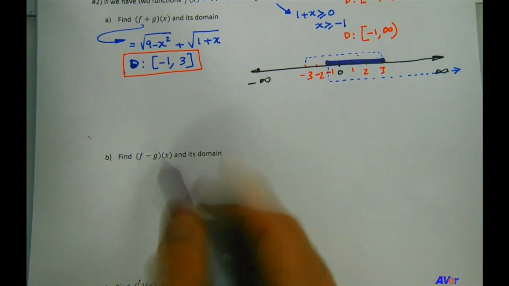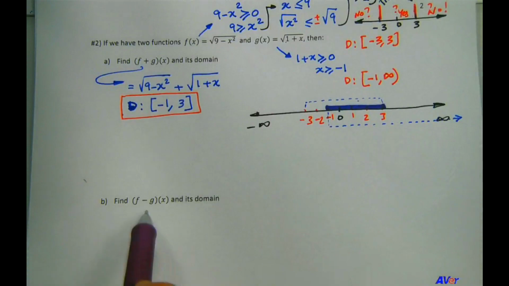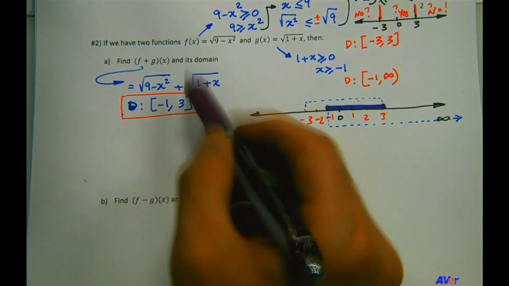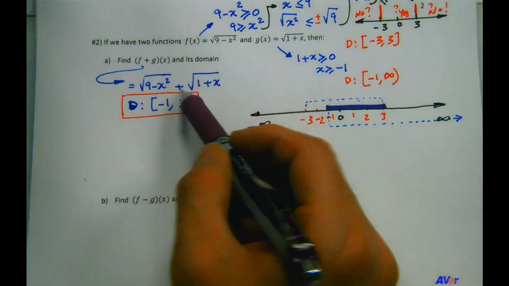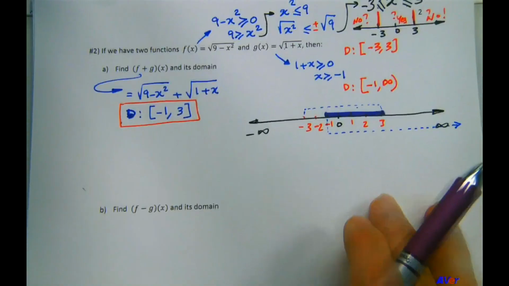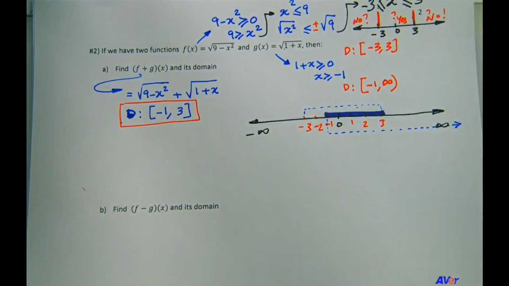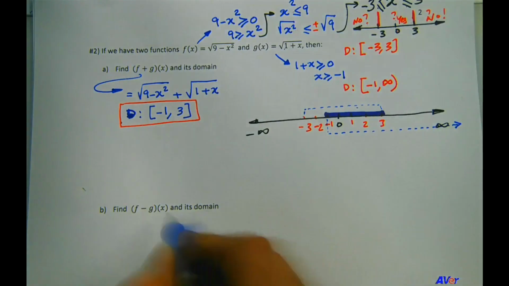Okay, so for the subtraction, we can expect to end up with the same domain. The only thing that is going to be different is this minus. Instead of plus, we're going to have minus. But the domain is going to be, again, -1, 3. So let's do that. Let's write this out.